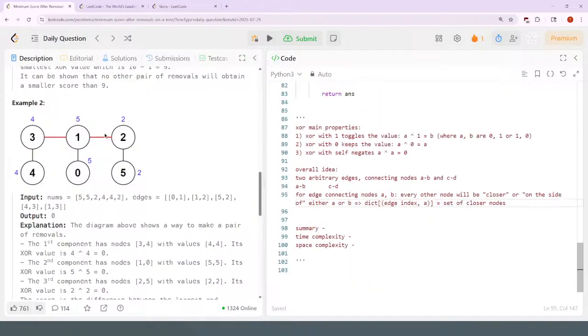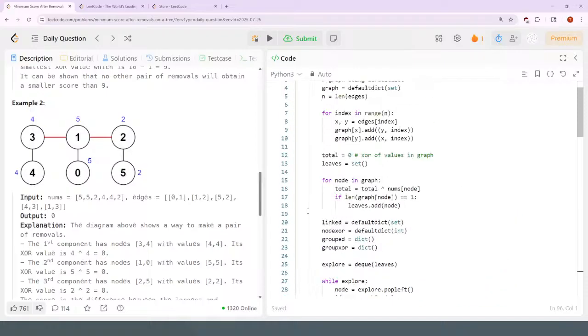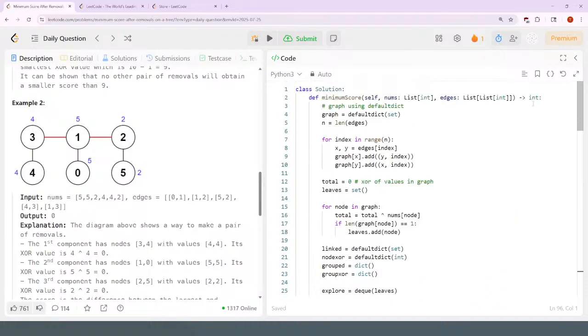So how does that help? All right, I think I'm just gonna go through the code. So first thing is I'm going to create the dictionary, which is going to be our graph, which is a default dictionary of sets.